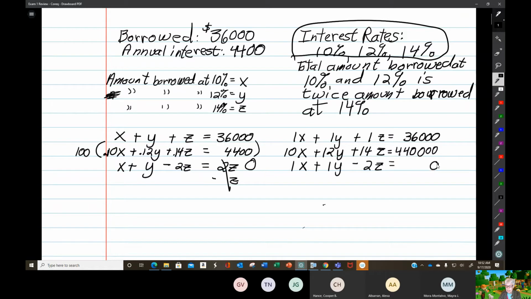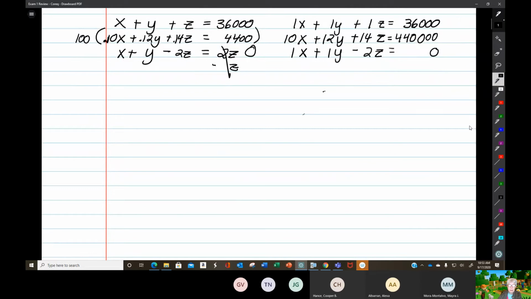And now we are going to make a matrix from that. So matrix 1.